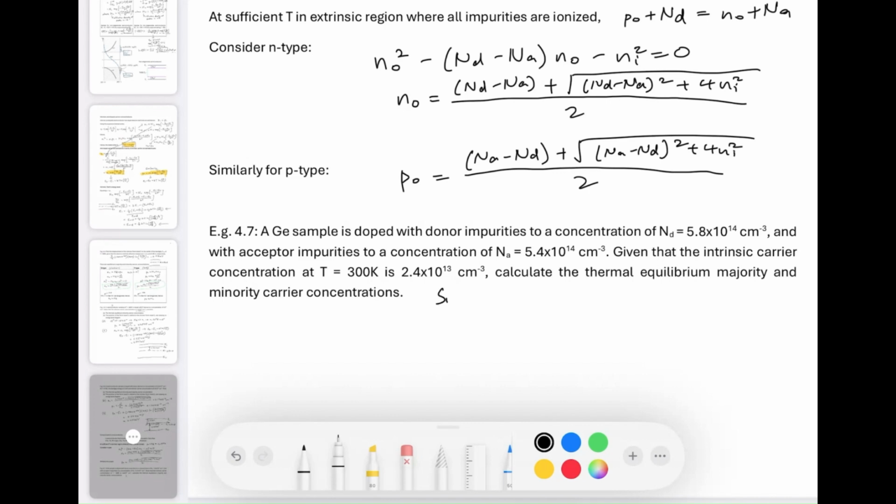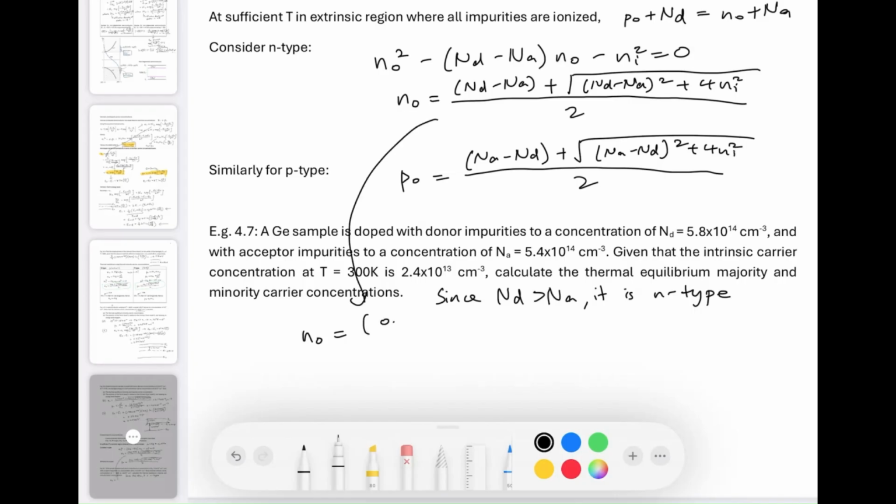For this question, because Nd is larger than Na, it is N-type, right? N-type means the majority carrier concentration is electron. So N0 equals, we are just going to use this equation.